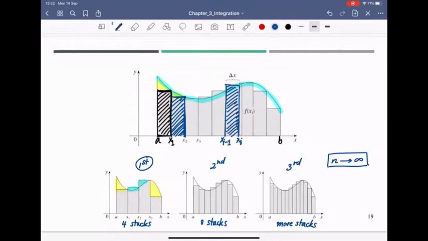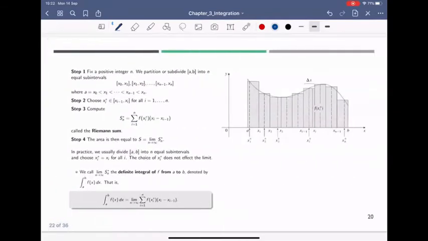Let's sum it up again. Suppose you have the curve that I highlight in orange. We are going to chop the x values from a to b into n pieces.